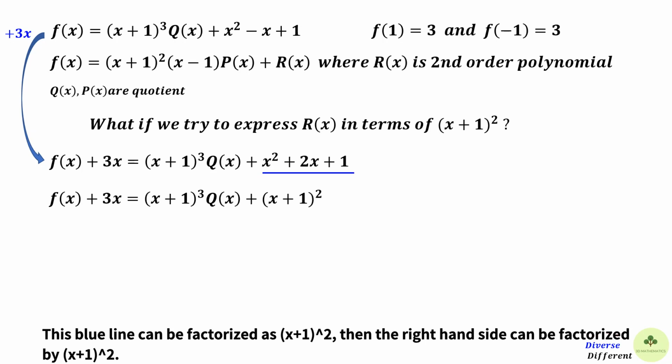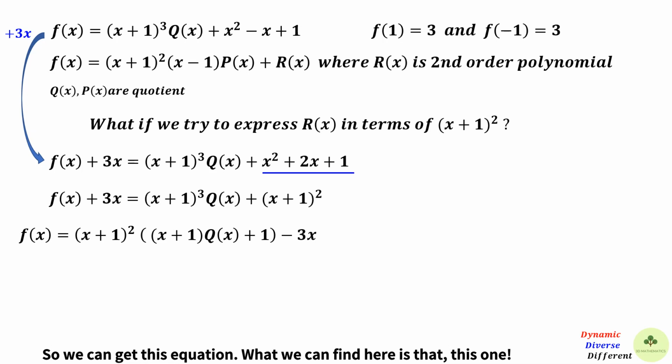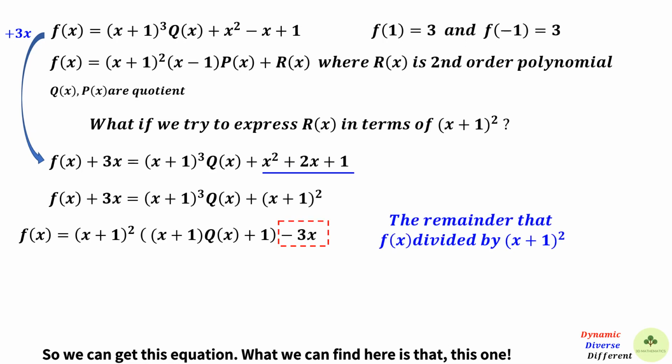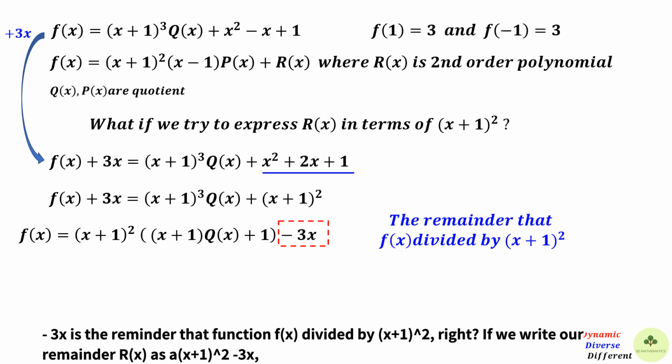Then the right-hand side can be factorized by x plus 1 squared. So we can get this equation. What we can find here is that this one, minus 3x, is the remainder when function f of x is divided by x plus 1 squared, right?